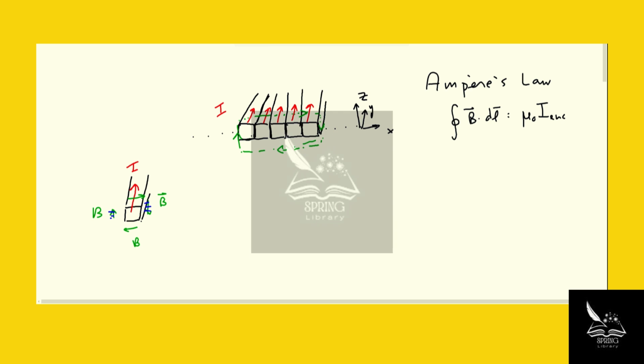Remember, Amperian loops are just existing in your imagination. They're kind of like Gaussian surfaces. They just allow you to do this symmetrical calculation. But down below, with the negative z, we have the B_x pointing in the minus x direction.